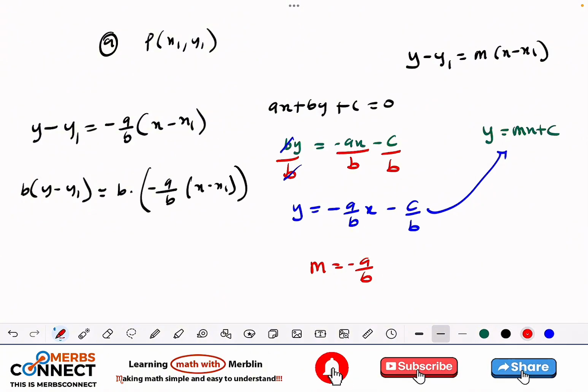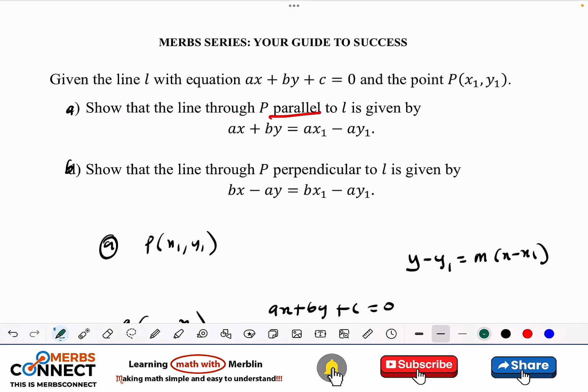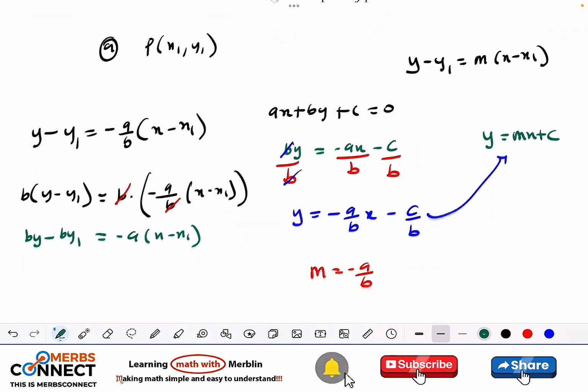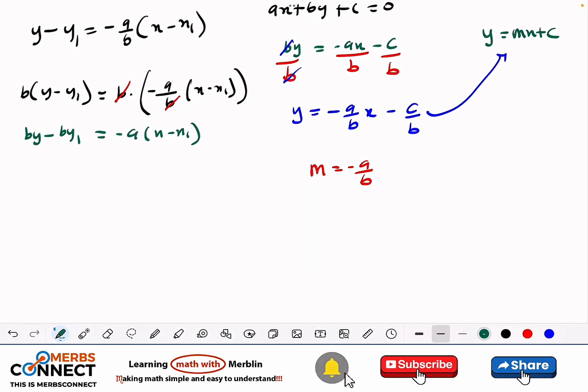So what happens? b will cancel b, and when I simplify, I'm going to have by minus by1 equals minus ax plus ax1. Let's look at what they are looking for, then we work accordingly.